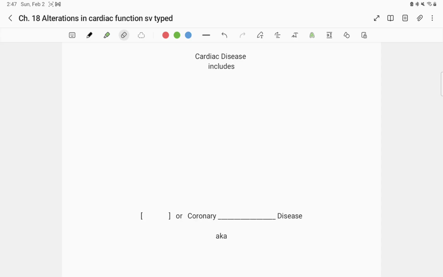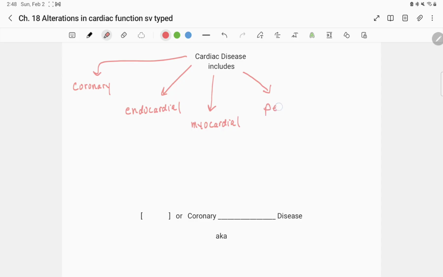So I'll be looking at different heart diseases that would include coronary, endocardial, myocardial, so that's the actual heart muscle itself, pericardial, and congenital.